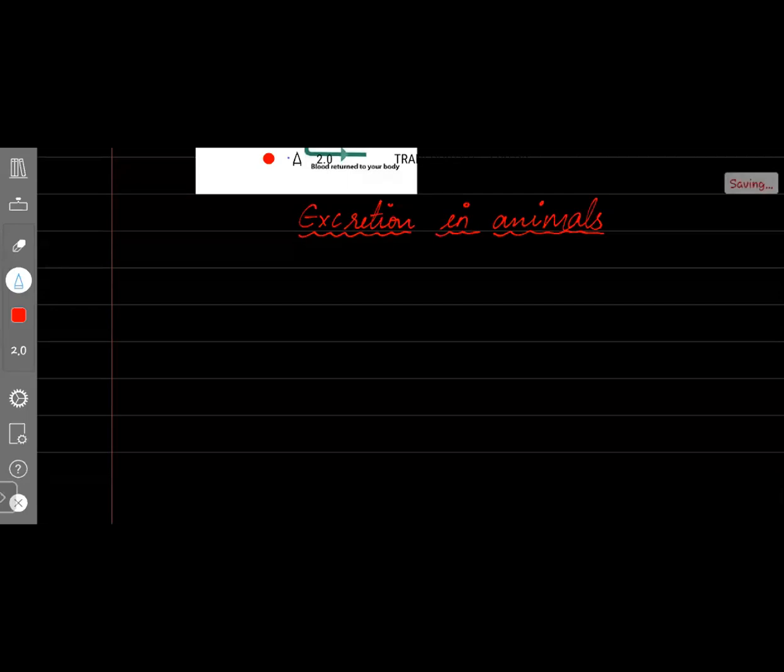Only one hand the blood is taken. So like human beings, other animals also do excretion. Animals also excrete waste from their body. This waste material can be of different types.